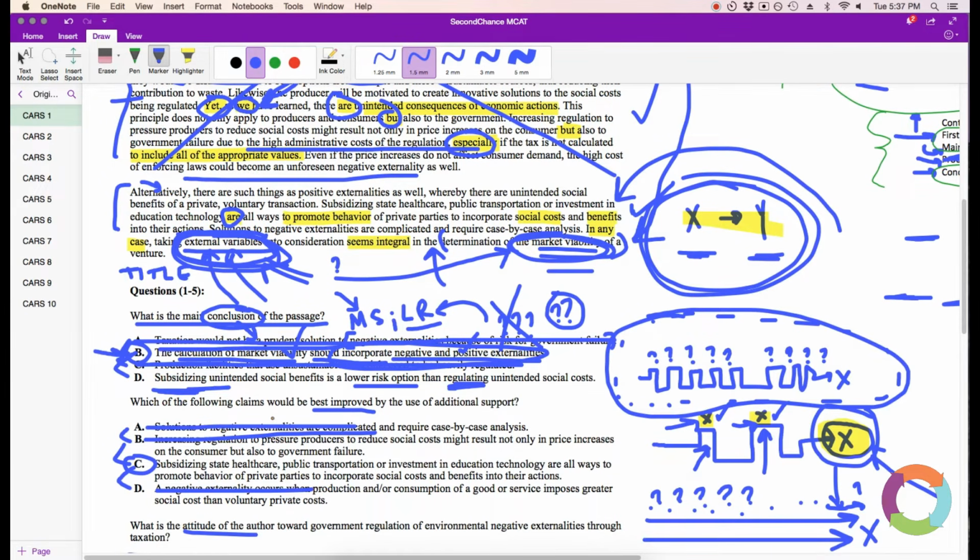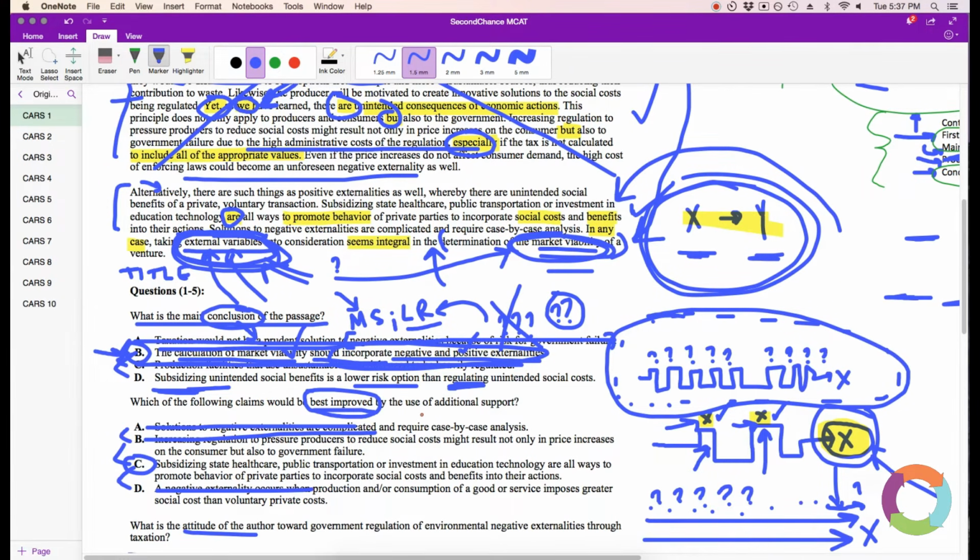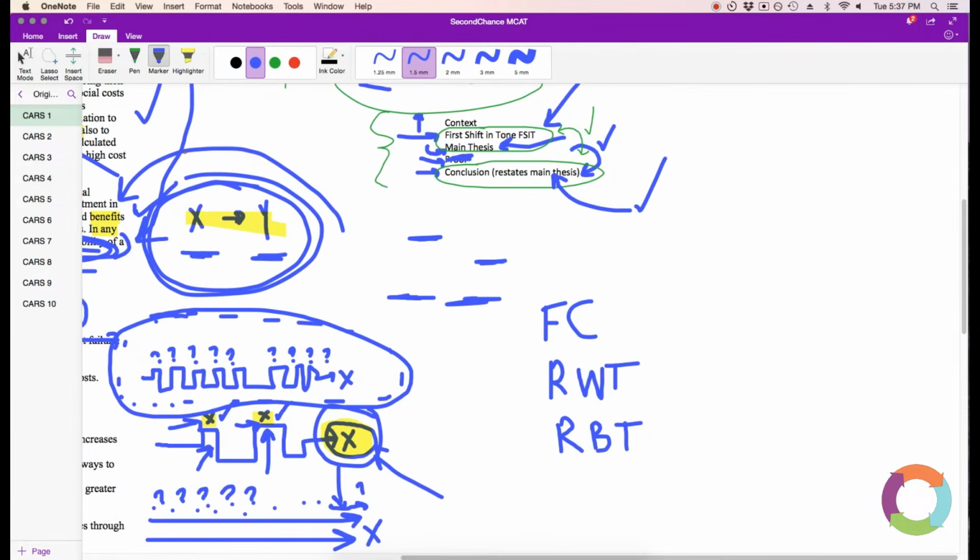With regards to the second type of problem, which of the following claims would be best improved, right? There are 3 types of answer choices that the MCAT can present to you in these types of problems. One of the answer choices is going to be a claim that was made with additional support.